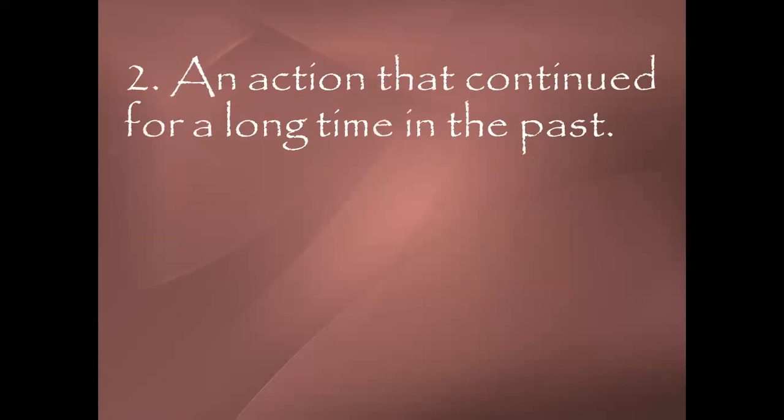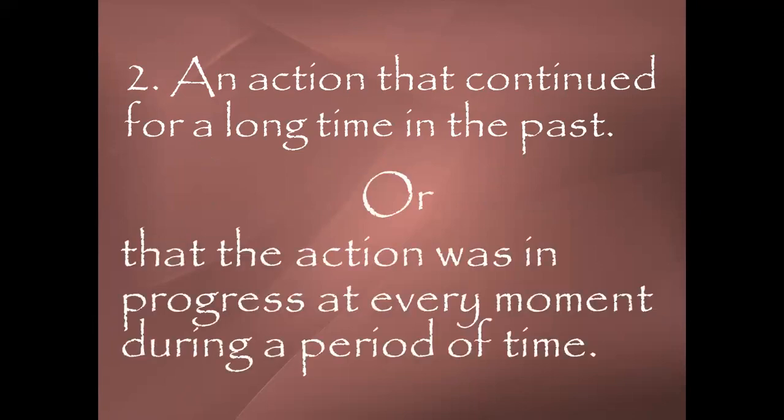What about the second usage of the past continuous tense? The past continuous tense is also used to talk about an action that continued for a long time in the past, or that the action was in progress at every moment during a period of time.